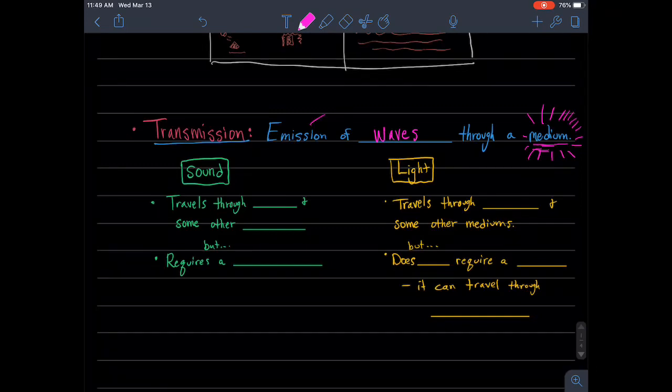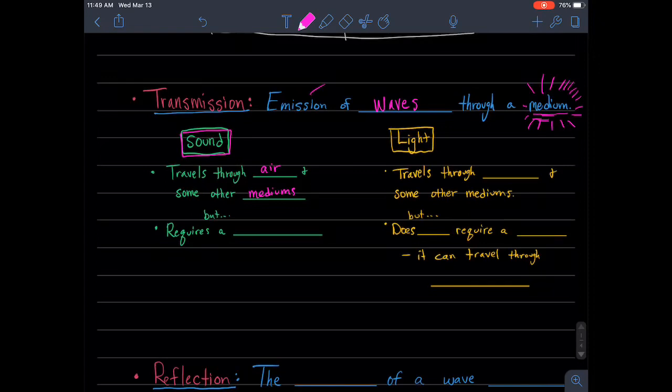So if we look at sound waves, sound travels through air very easily, obviously, because we all hear each other, and through some other mediums. Like if you ever go underwater, yeah, you can emit sound, but you have to kind of scream in order to do that.